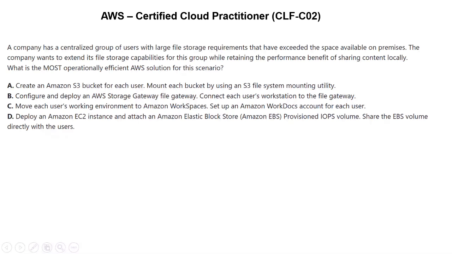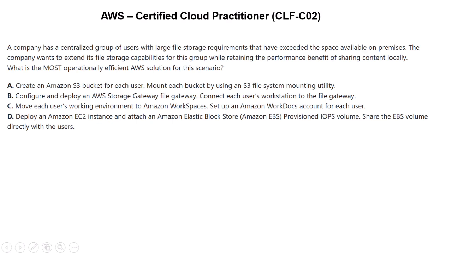Set up an Amazon WorkDocs account for each user. Option D. Deploy an Amazon EC2 instance and attach an Amazon Elastic Block Store provisioned IOPS volume. Share the EBS volume directly with the users.